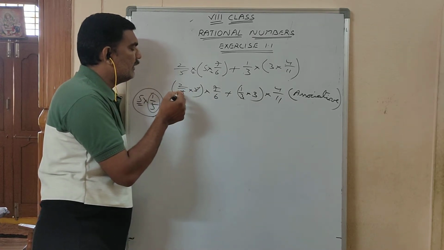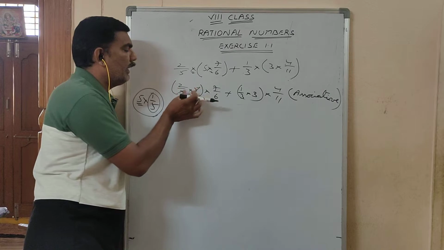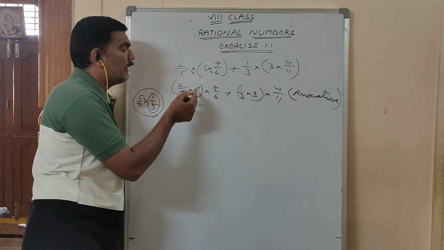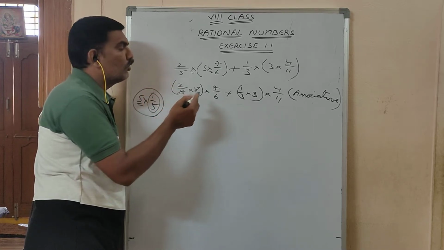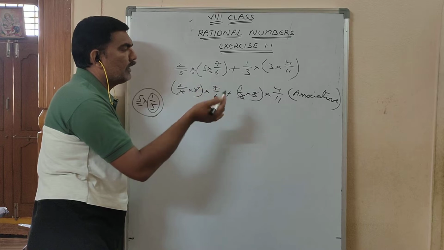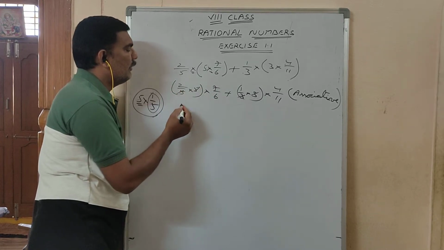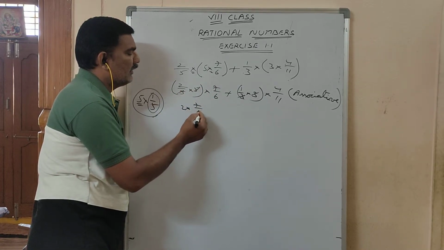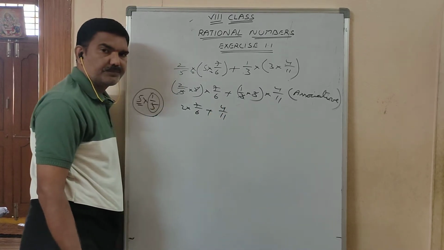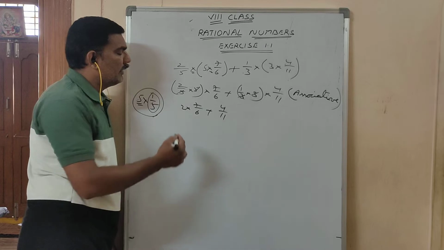So 1 by 5 and 5, if you multiply, you will get 1. 1 by 5 is the multiplicative inverse for 5. So two properties are used here. Here also the same two properties are used. Now if we simplify it, 2 into 7 by 6 is there plus 4 by 11 here.